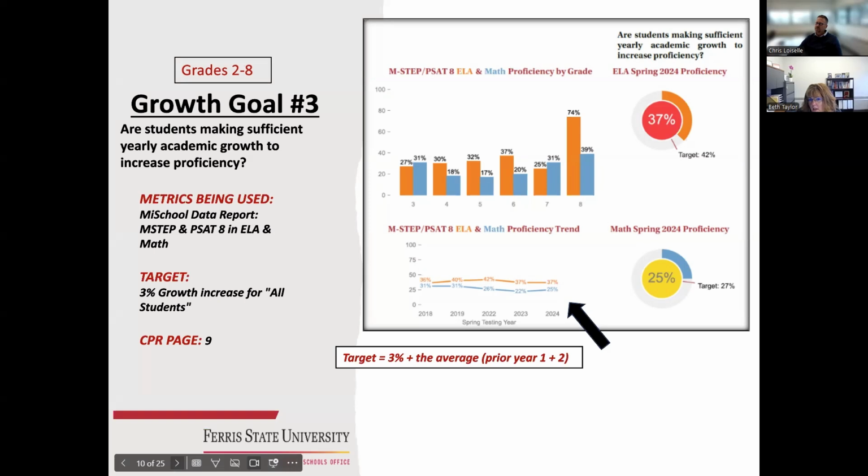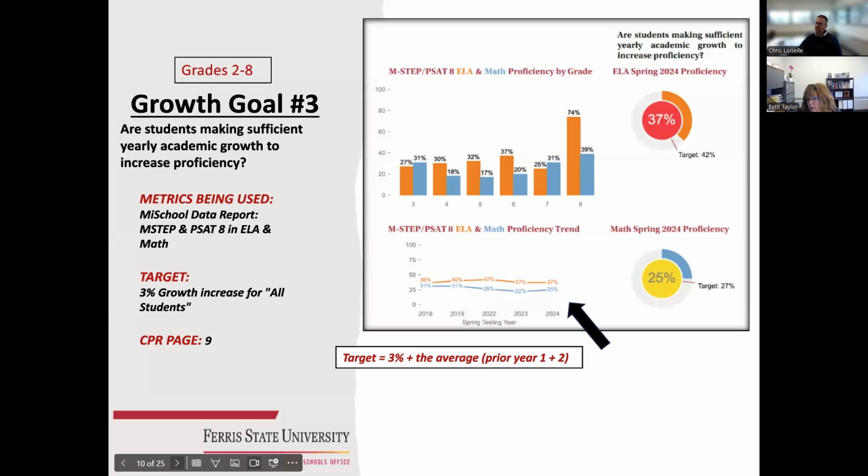Again, you can see right in the title, we're going to use MSTEP PSAT 8 in ELA and math. And the goal here is that your students are growing 3%. So at the top, you will see the question in black bolded. Right underneath it, you will see 2 circles, one for ELA and one for math.